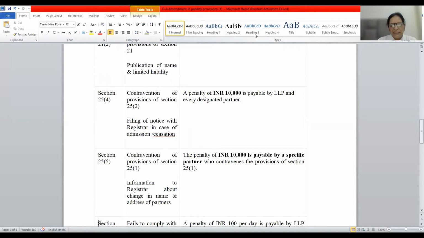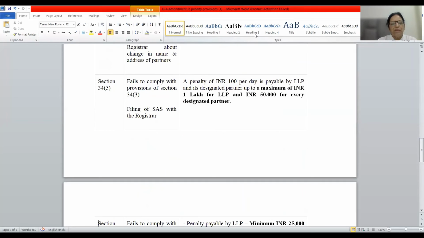Okay, so next is, friends, the penalty which is contained under section 34, subsection 5. If LLP fails to comply with provisions of section 34, subsection 3, then the penalty has been contained under section 34, subsection 5. And now the question arises, section 34, subsection 3 deals with what?